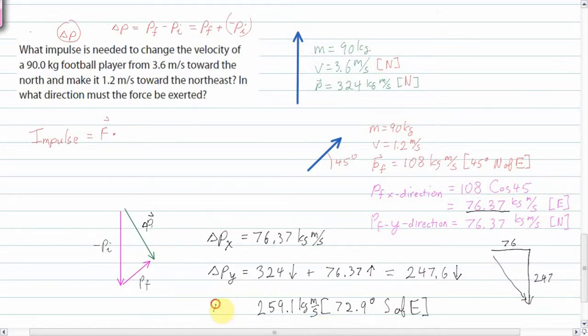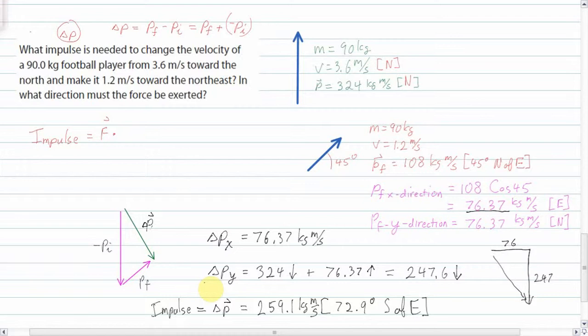So that's the change in momentum vector, and that's also the impulse. So that's the impulse that's necessary.